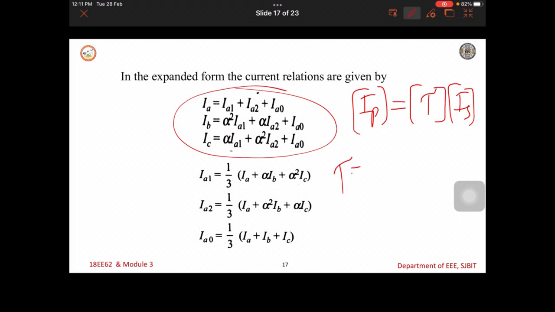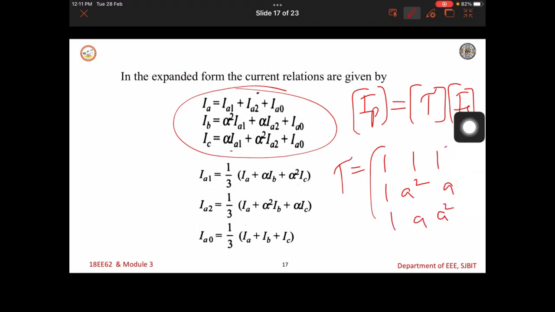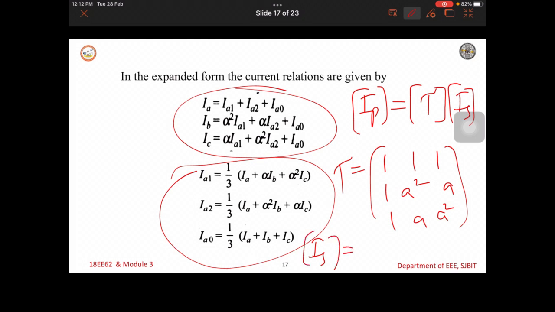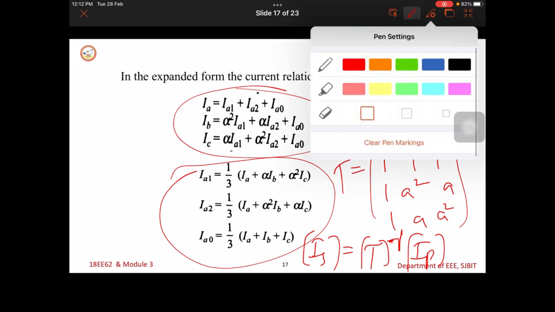Here this tau is nothing but 1 1 1, 1 A square A, 1 A A square. We can express the symmetrical components of currents Is in terms of tau inverse into the phase currents. This is also possible, like we did in voltages.